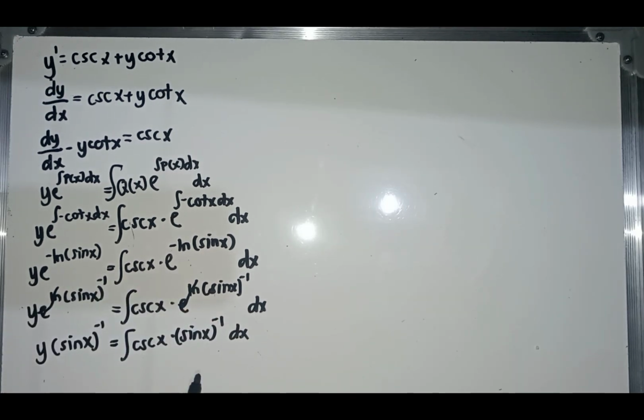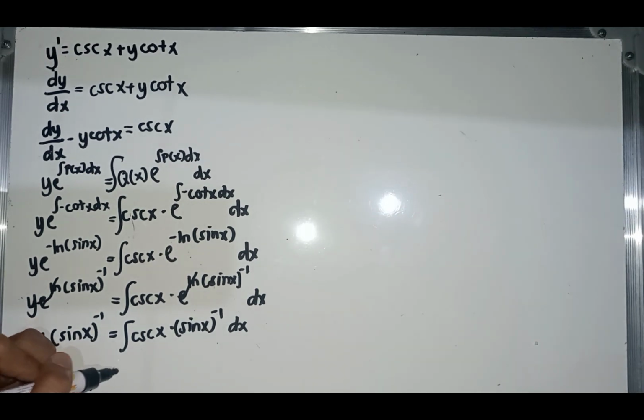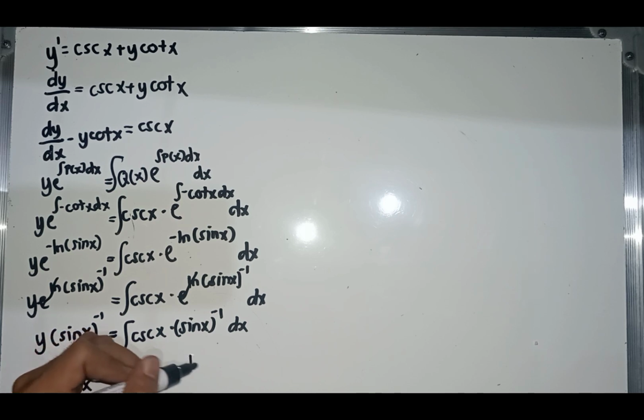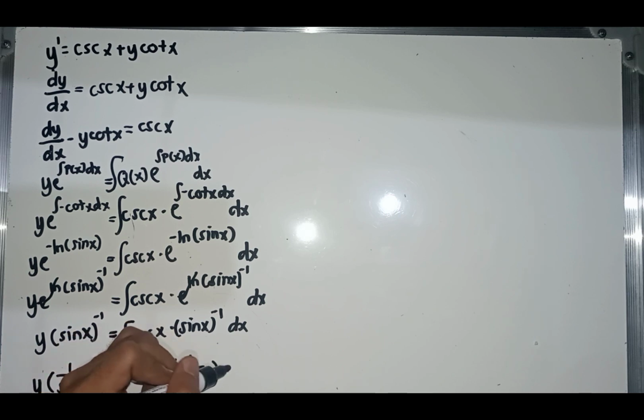Now we change its identity, since we know sine x to the power of -1 is equal to 1 over sine x, so the integral of cosecant of x multiplied by 1 over sine x dx.